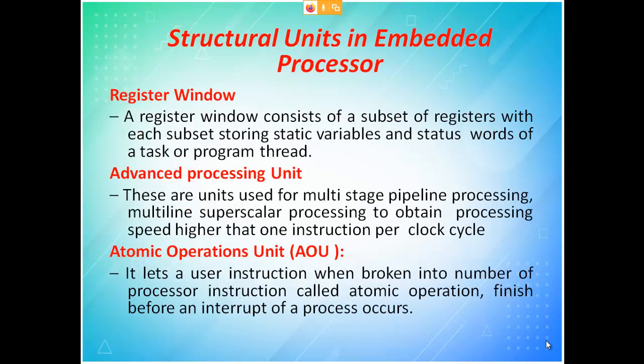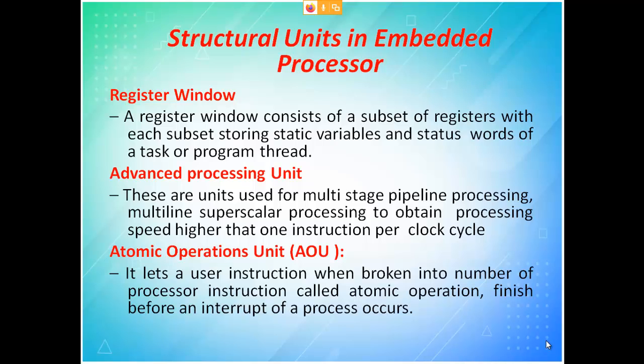Then the register window. A window is like the window at home. If the window size is very small, you can view only a small part of the real world when you open the window. Let us assume you are opening the window and looking outside. If the window size is small, you can view only a small portion. When the window size is more, you can view more.